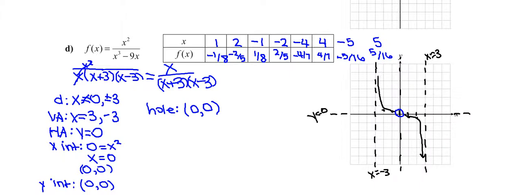Okay, so now we can graph on the other side of the asymptotes. When x is 4, y is 4/7, so that's just a bit above a half. When x is 5, y is 5/16, so we can put it there, and then we can just conclude that the shape is going to look like that, and it's never going to touch the asymptotes.